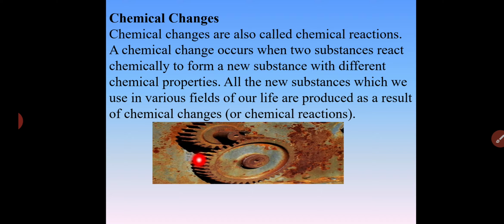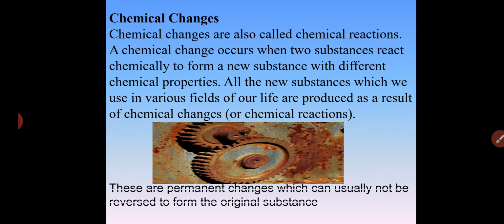Now let us see an example. Here a metal is rusted. It is rusted with a brown color. It is also a kind of reaction, right? And keep in mind, a chemical change is always a permanent change, and here a new substance will be formed.